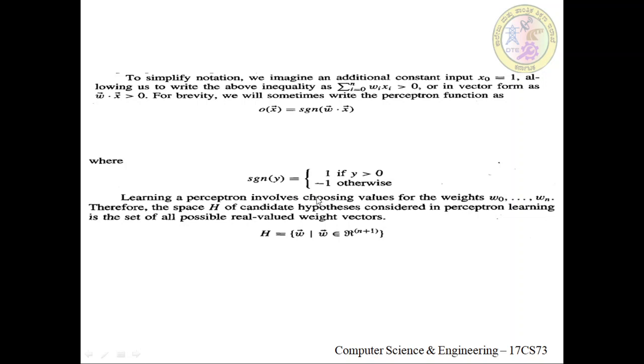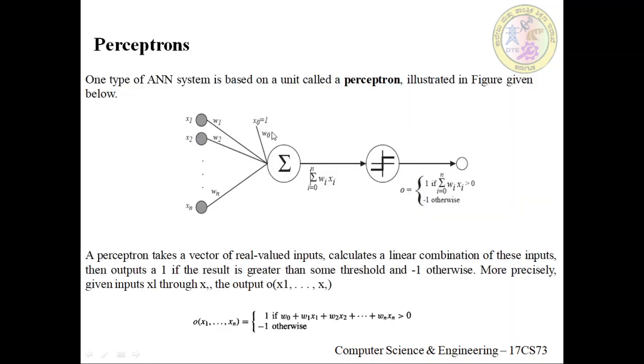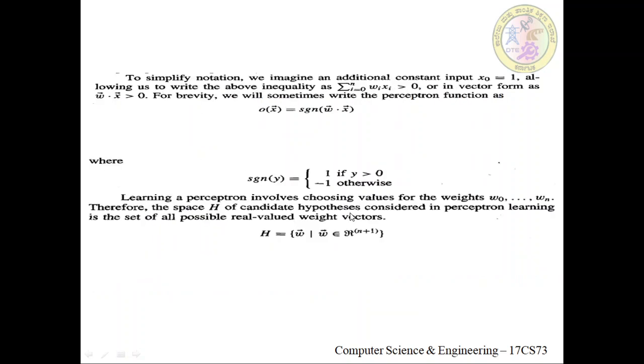So this is a simple perceptron. I'm going to repeat this. For each of the inputs, there will be weights associated with them. They are multiplied and summed, and the total sum is checked. If it is greater than 0, it outputs 1, otherwise it outputs minus 1.